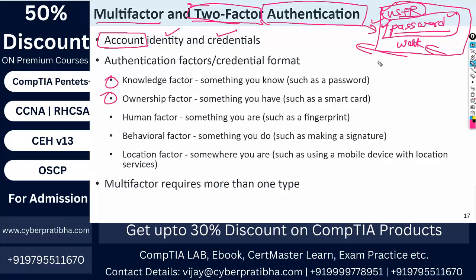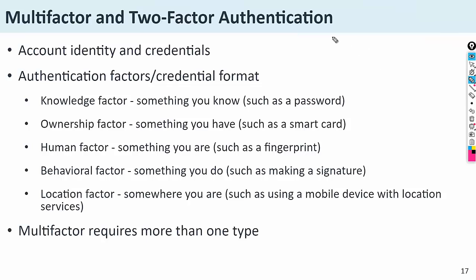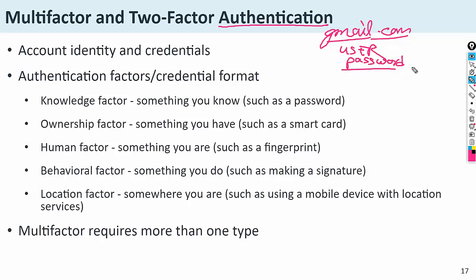For example, you are logging in to Gmail and you have two-factor authentication enabled. When you enter the username and the password, a short message or OTP is sent to your mobile phone.